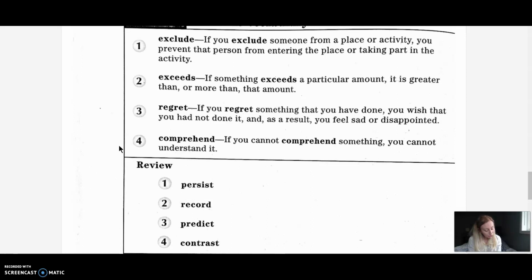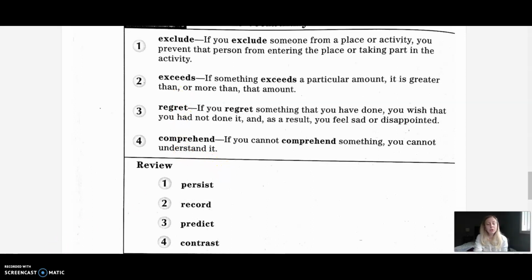Yes. If you understood everything you read in a social studies unit, you would say, I had no trouble comprehending it, right? Awesome. So that was exclude, exceeds, regret, and comprehend.